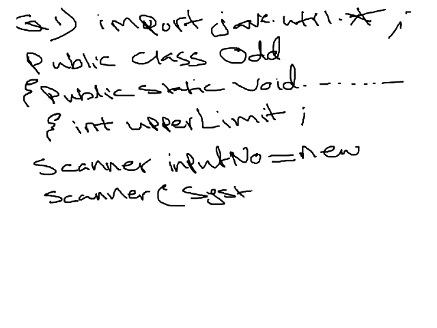System dot in for input. Okay, System.in. So now we established a connection between the scanner and the input, or between this class and the input, java.util. So now we can have a user input.